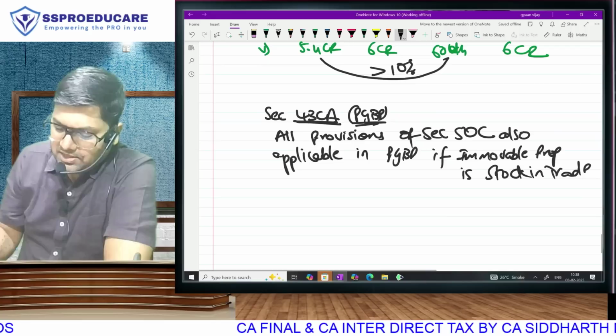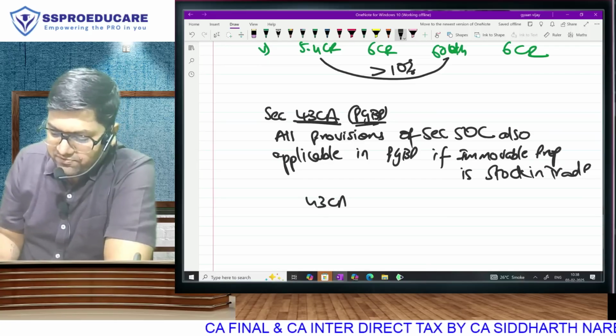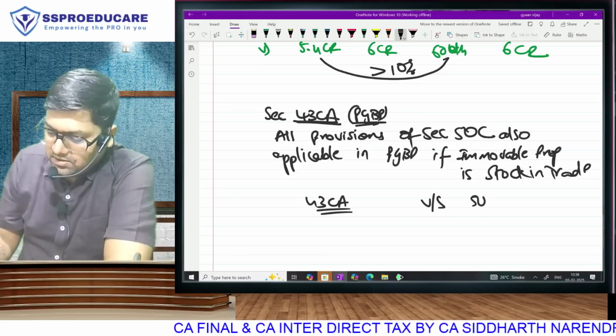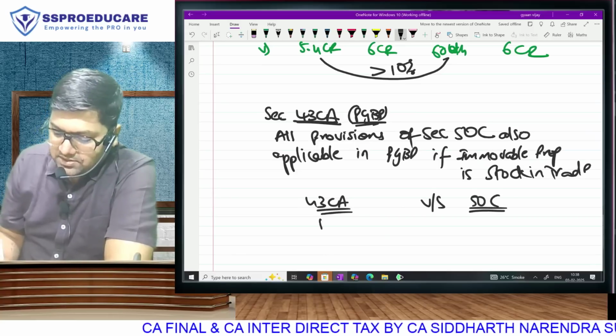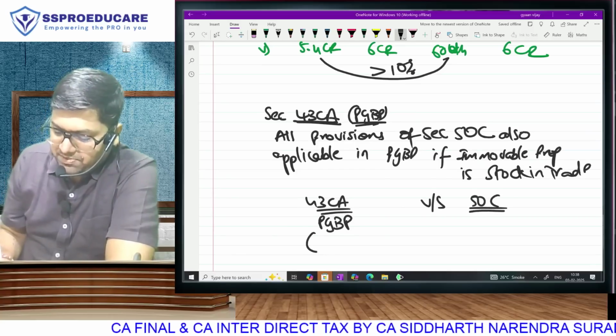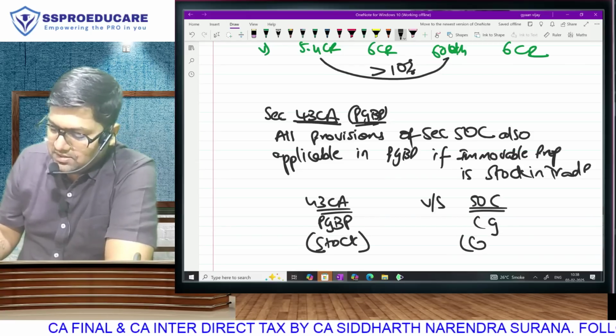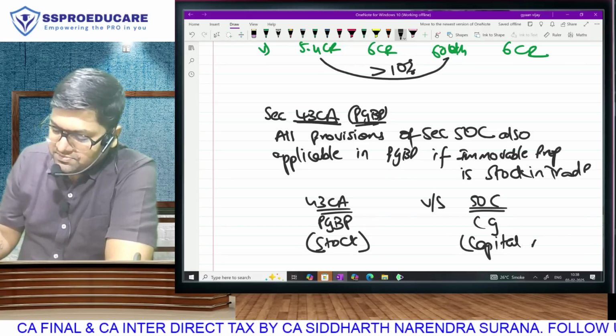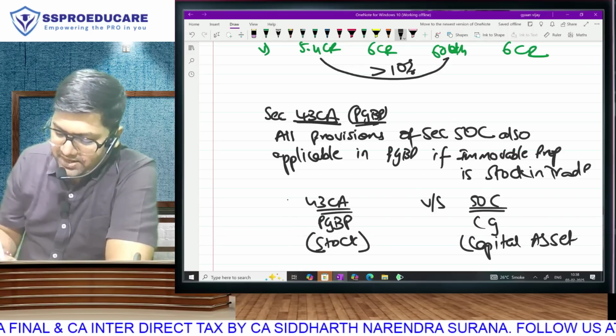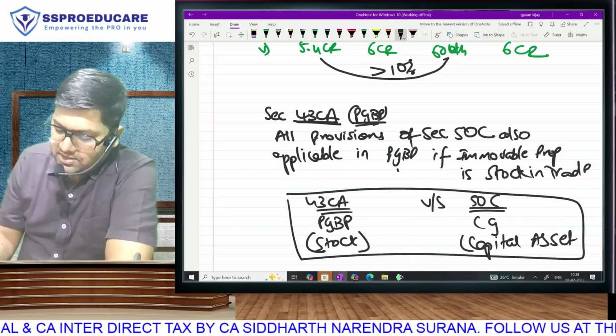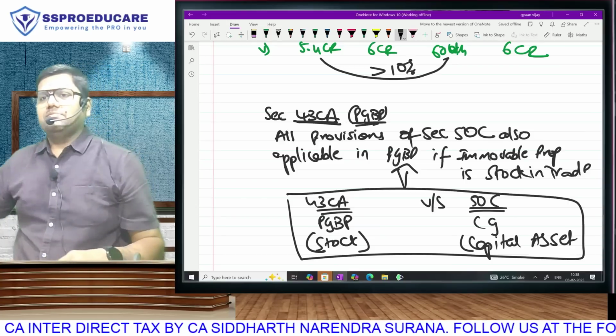All provisions applicable. There is only one difference between 43CA and 50C: this is a PGBP section applicable to your stock and this is a capital gain section applicable to your capital asset.